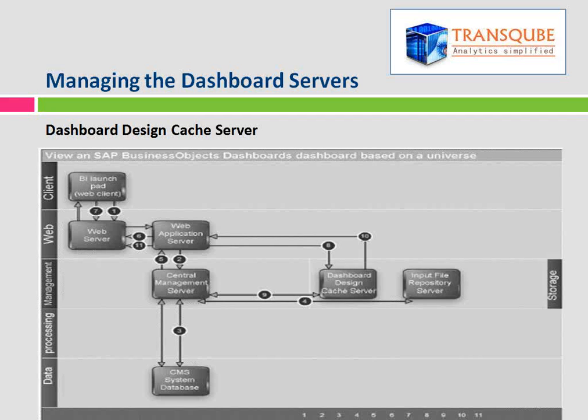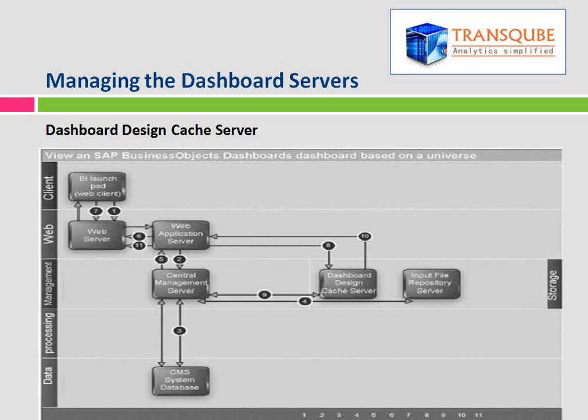It is not mentioned here, but it actually goes down to the dashboard processing server to process the request by picking up the design from the input FRS server. Eventually it creates a page. A copy of the created page will be stored here, and the other copy will be presented back to the end user. If an instance previously exists, the dashboard design cache server comes into the picture.